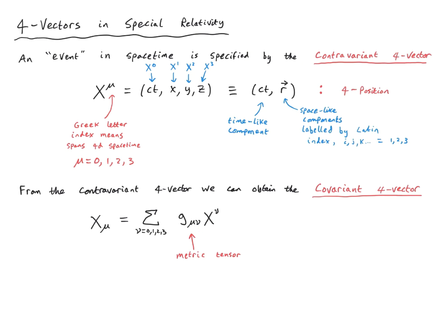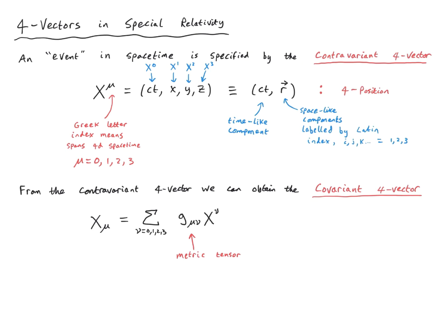Because nu is a Greek letter, as I mentioned, that means it runs over the 4 dimensions of spacetime, meaning we sum over the 4 components nu equals 0, 1, 2, and 3. Nu, therefore, is contracted in this equation. We get rid of the nu because we're summing over it. What we're left with is something involving mu, and that's what we see on the left-hand side.